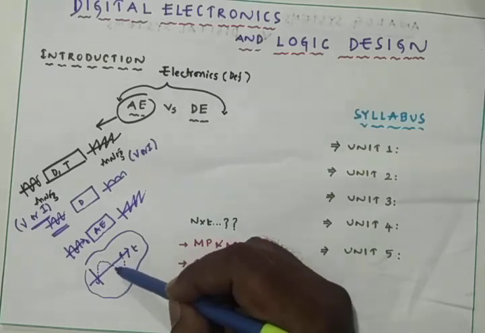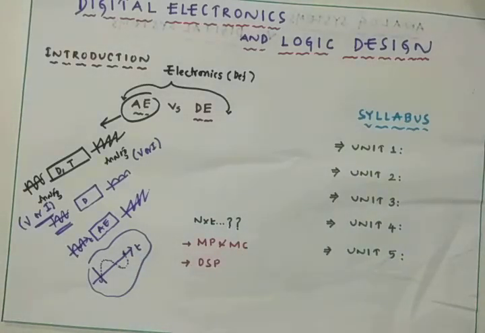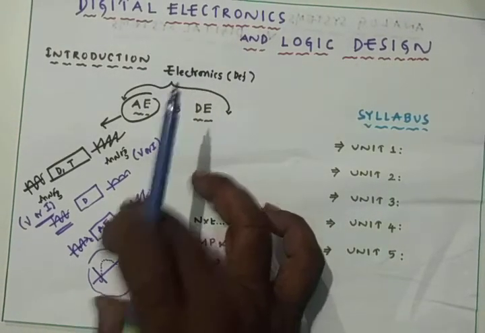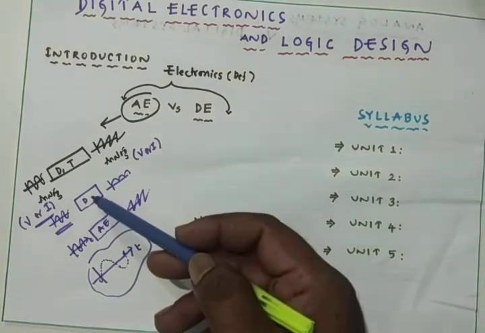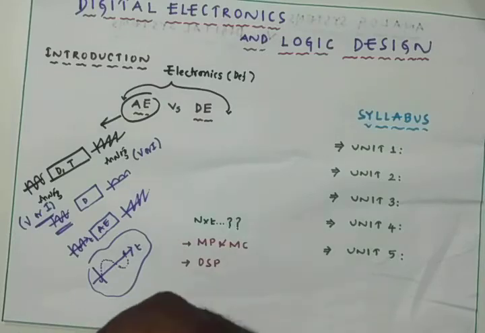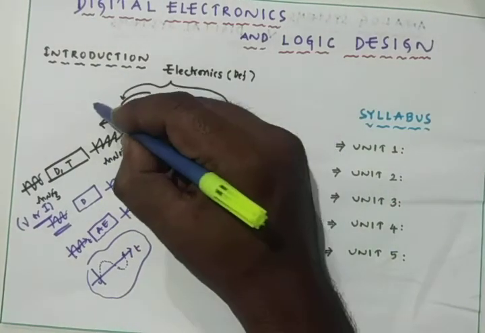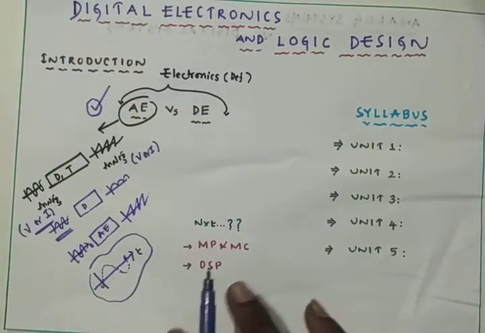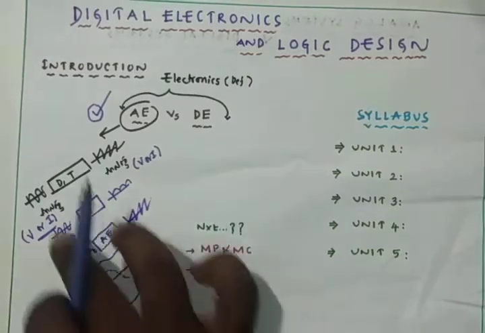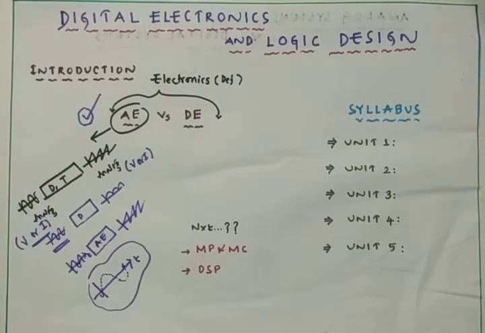Like that, we can have infinite values in an analog signal. So this is an analog signal, and we apply it as an input for a circuit called an analog circuit, whose output is also analog, and that branch of electronics is named analog electronics. All these things we have discussed in analog electronics, in the first sem.